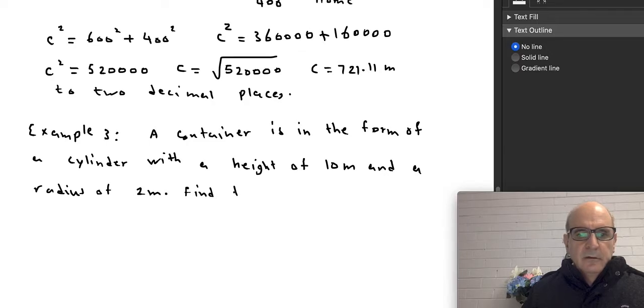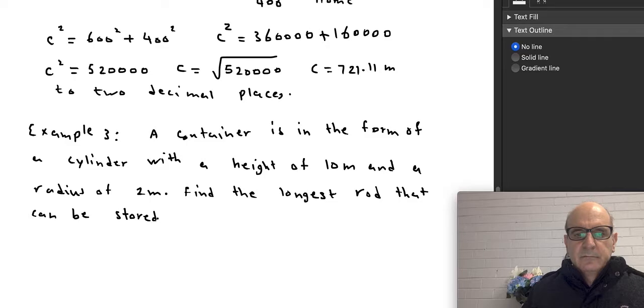Find the longest rod that can be stored inside the container.